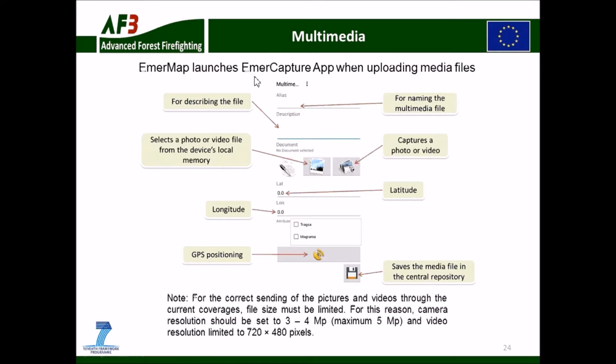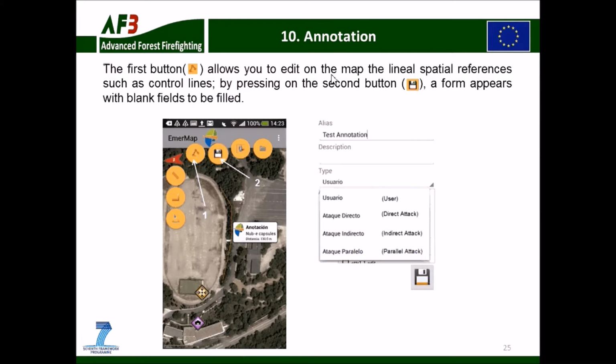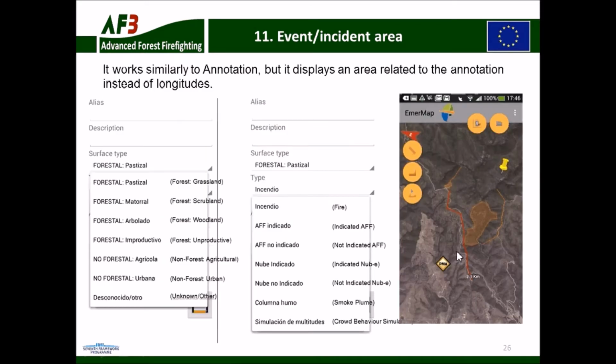In order to get this, EmerMap launches the Emercarto app when uploading media files. It is possible to include annotations, allowing to edit on the map linear spatial references such as control lines, and also events and incident areas, which are displayed as areas related to the annotation instead of length.